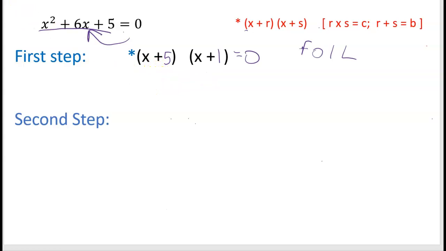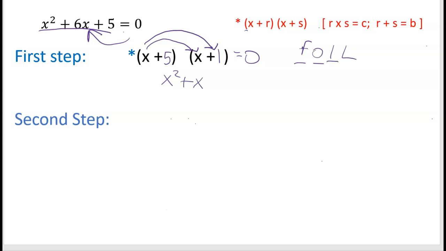F stands for first. We take the first term and multiply it by this first term. X times x is the same as x squared. The second is the outside. We're going to take the first term and multiply it by the outside term of this one. And we know that x times 1 is plus x.